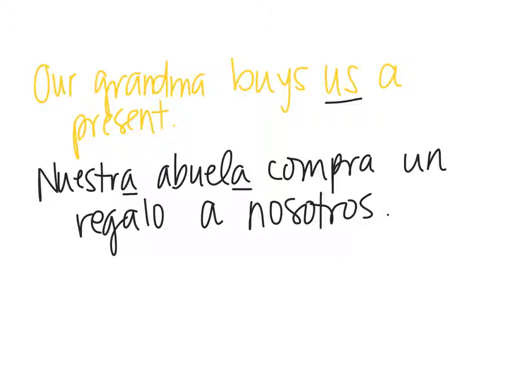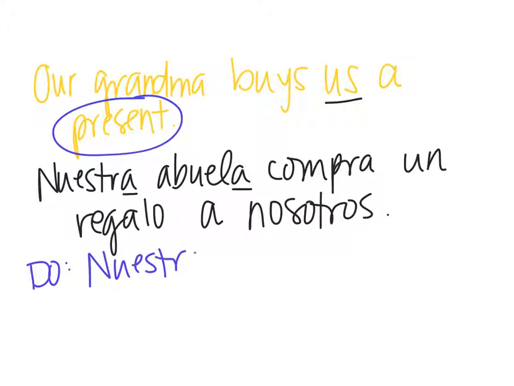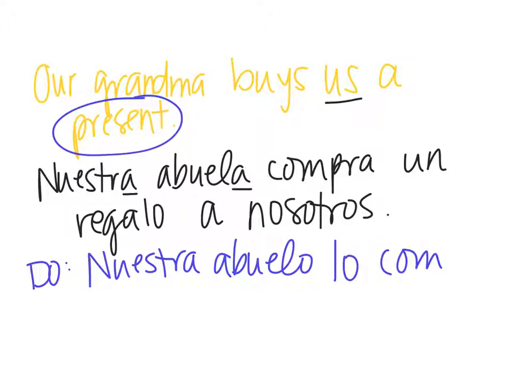What if I wanted to just convert the direct object into a pronoun? The direct object is the present, right? So present is regalo, which would be lo. Nuestra abuela lo compra. It's lo because it's masculine and singular.